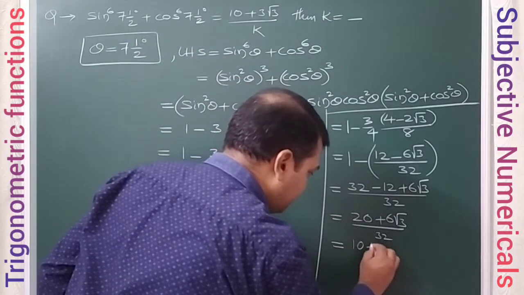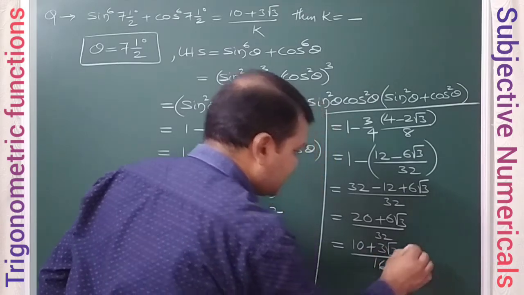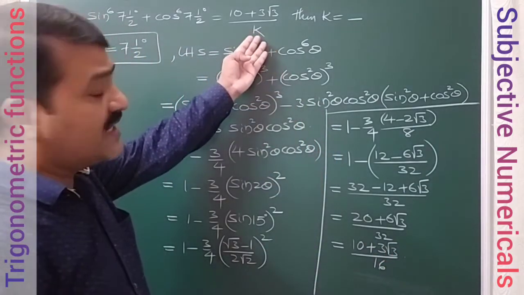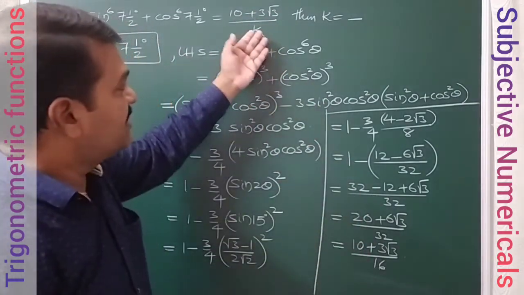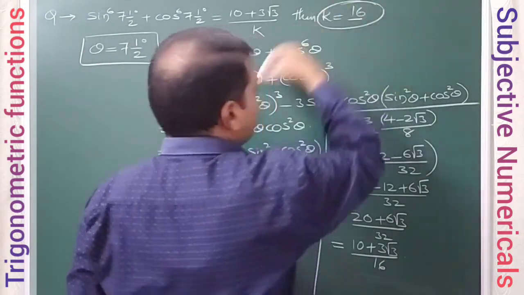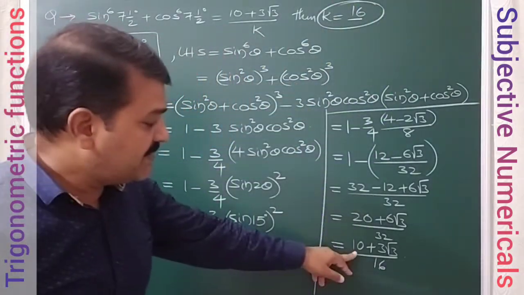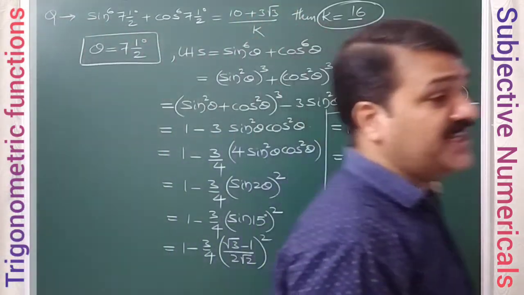We will get 10 plus 3 root 3 by 16. Compare with the RHS now. 10 plus 3 root 3 by 16 we got. Compare with the RHS, clearly your K value is going to be 16. Directly by comparing with RHS, K is nothing but 16.